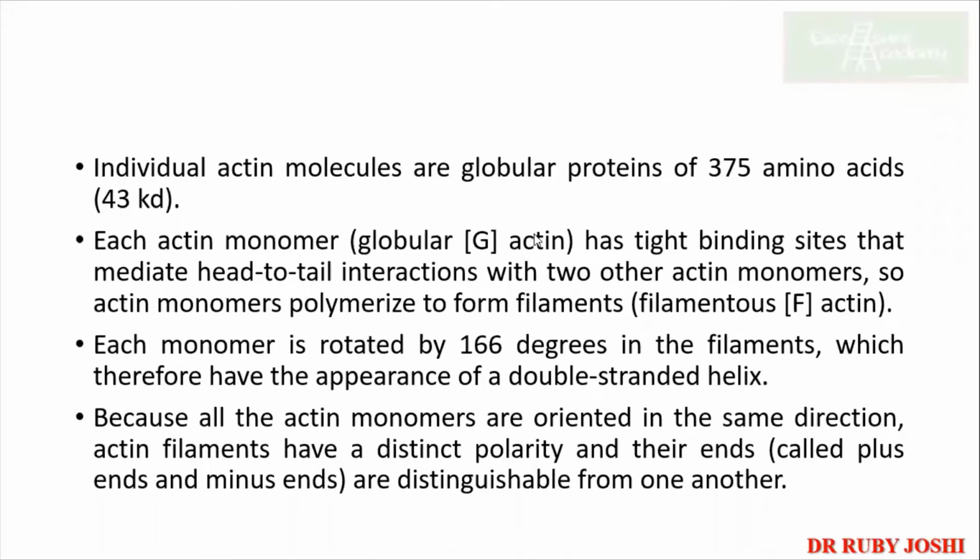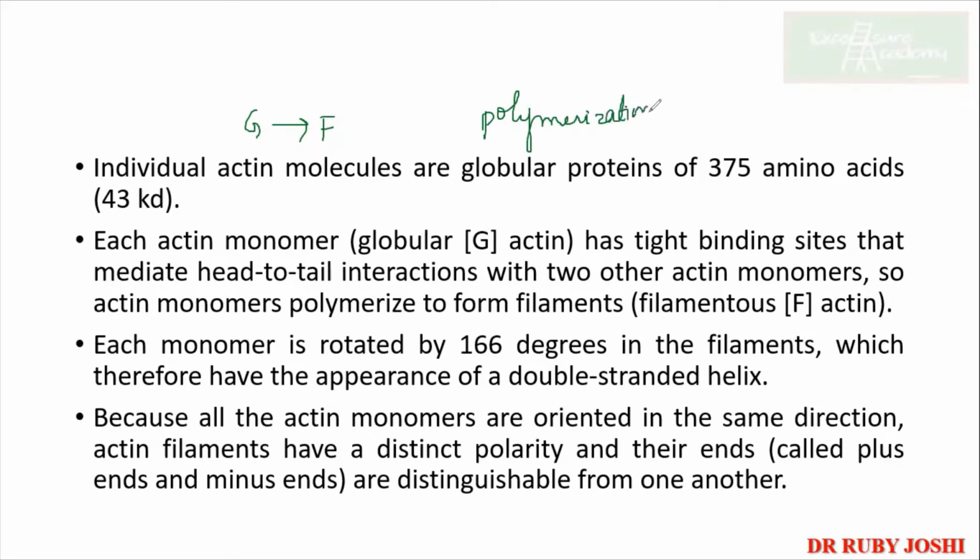Okay, so here each actin monomer, which is known as the G actin, has tight binding sites which mediate head-to-tail interactions with two other actin monomers. Now from here you should understand that when G actin to F actin is becoming, it means the polymerization is happening. Correct?